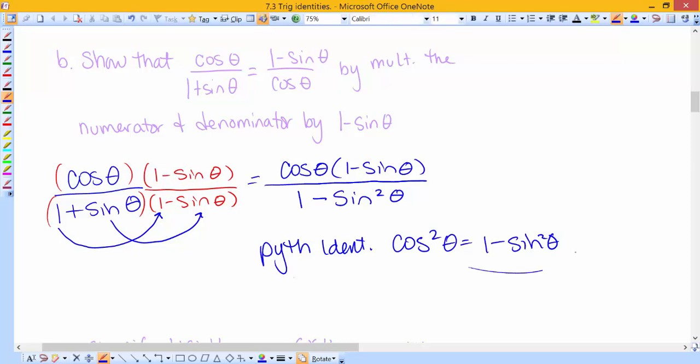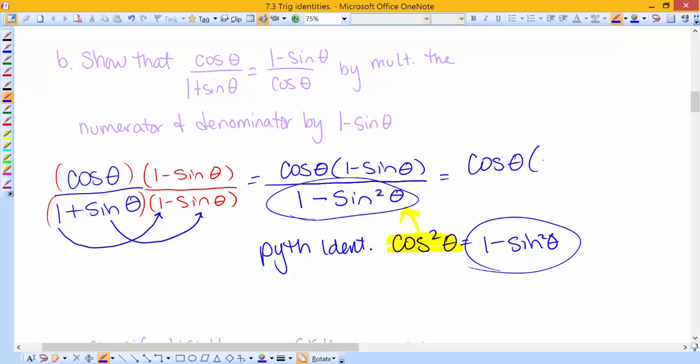Oh my gosh, look. 1 minus sine squared theta, 1 minus sine squared theta. And what does that equal? Cosine squared theta. So that's what I'm going to put in its place. So I'm going to use substitution. So cosine of theta times 1 minus sine of theta all over cosine squared theta.